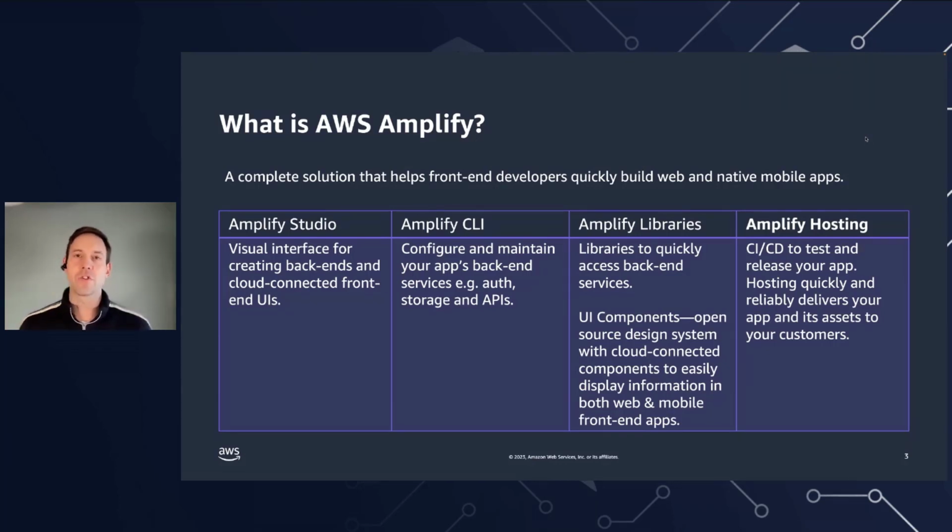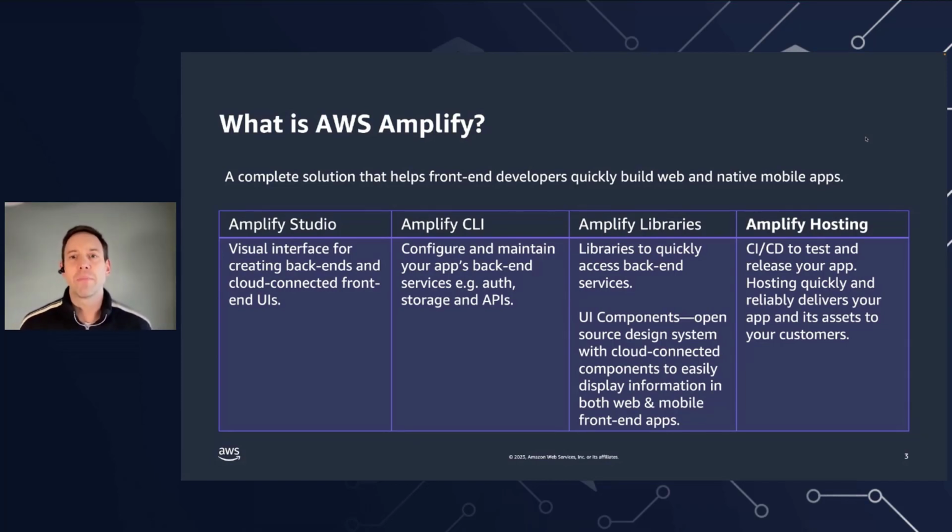You can do it in a visual way, and it will also deploy the database to store that information in the background. We have Amplify CLI, which stands for Command Line Interface. And that is the mechanism you use to configure and maintain your app. It allows you to set up things like authentication, storage, APIs, and we'll be using that today in the demo.